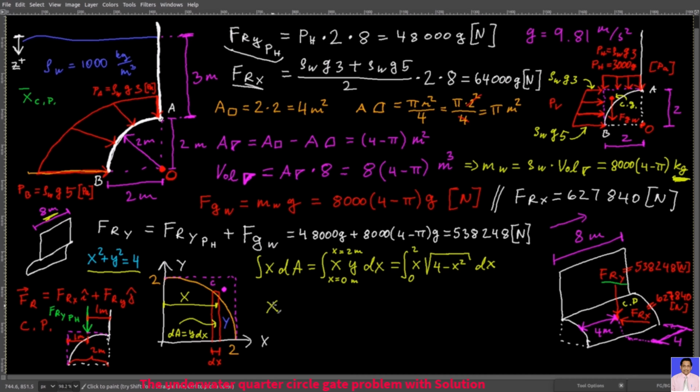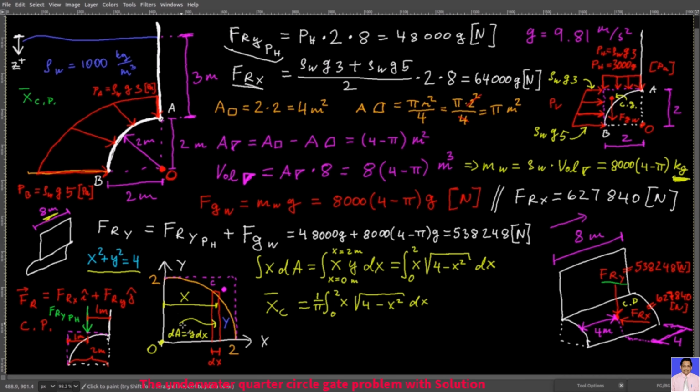And now, to get my x centroid from the origin of the coordinate frame, I have to take this integral and divide it by the area of this quarter circle. But you already know the area of this quarter circle. It's pi meters squared. So I'm going to divide this integral by pi. In other words, I can simply write here 1 over pi times this integral.